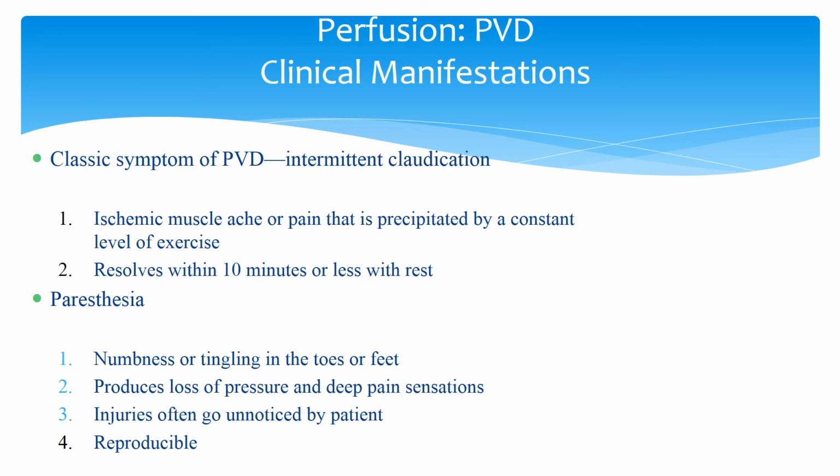The biggest thing that we look at when we're assessing patients for peripheral artery disease is the intermittent claudication. That is usually where it feels almost like a Charlie horse. It's a time where there's a lack of perfusion or a lack of oxygenation to that area that usually is related to exercise.